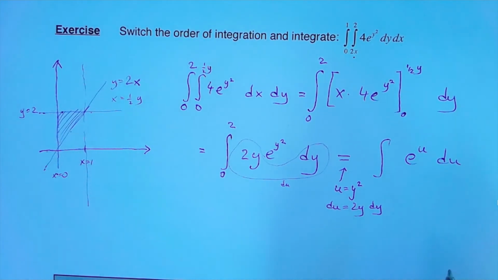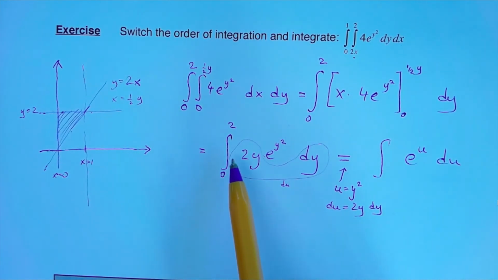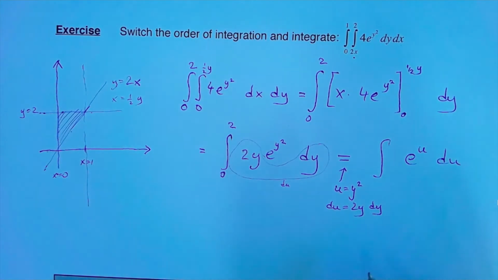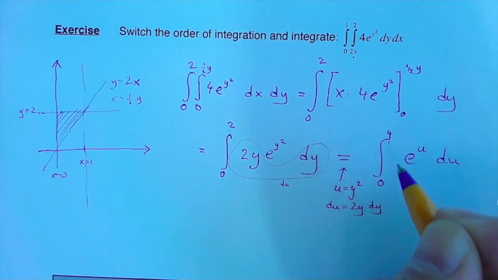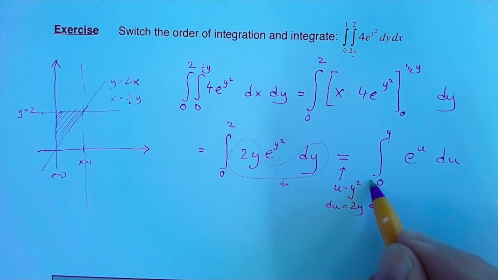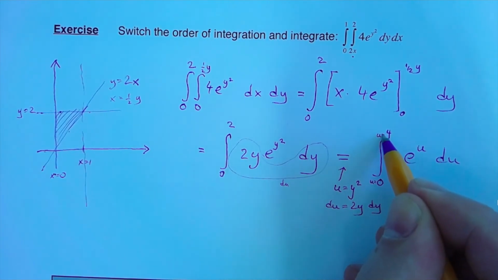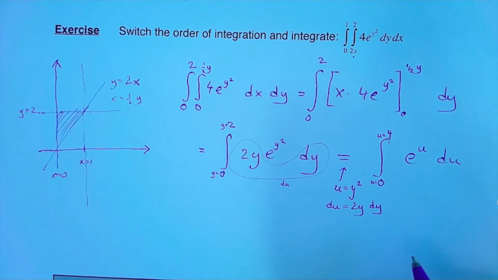Remember that you have to be careful with your limits of integration. y equals 0, y equals 2. So we now have u equals 0, u equals 4, because we use u equals y squared. Here it was y equals 0, y equals 2.